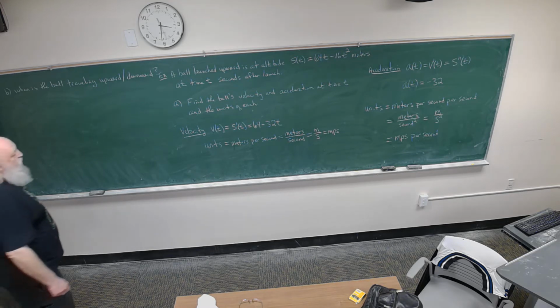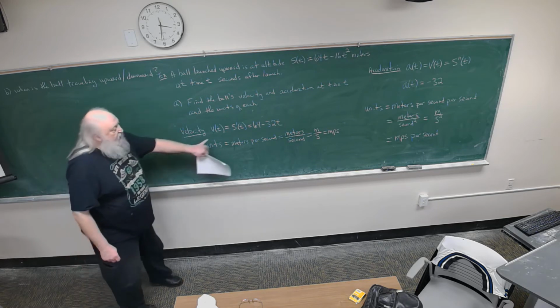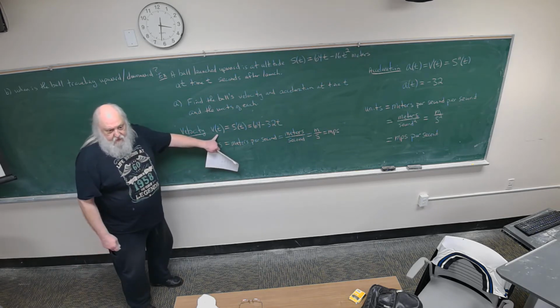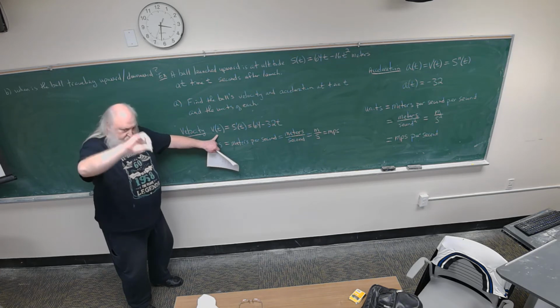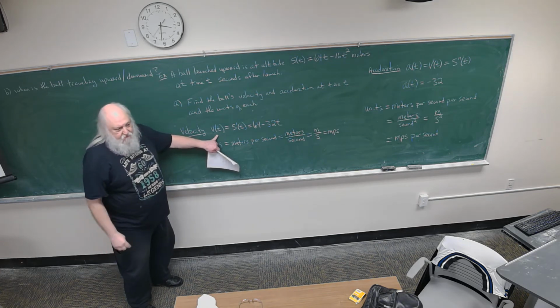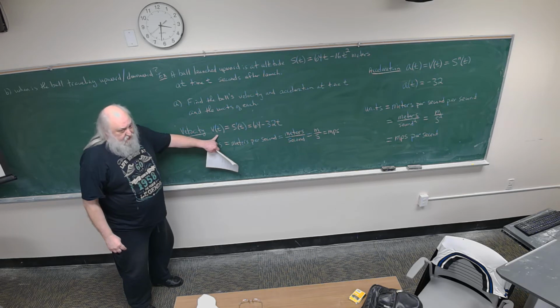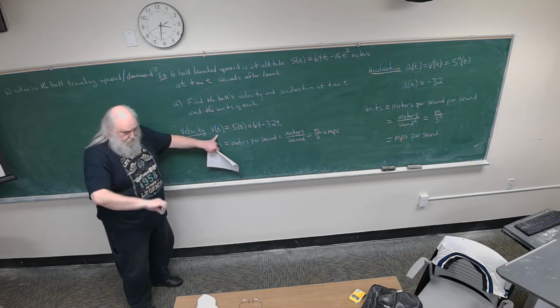Okay, well, we can answer that question with the velocity function, because when the ball is going up, the velocity is positive. When the ball is coming down, the velocity is negative. So the sign of the velocity tells you whether the ball is rising or falling.